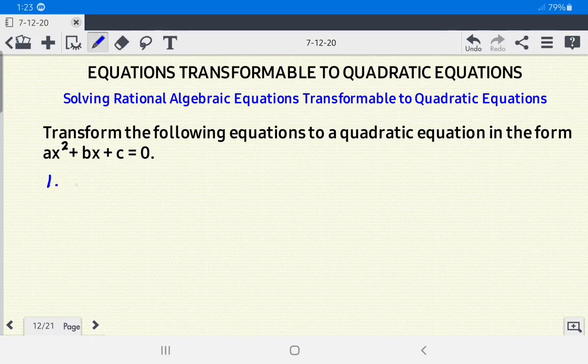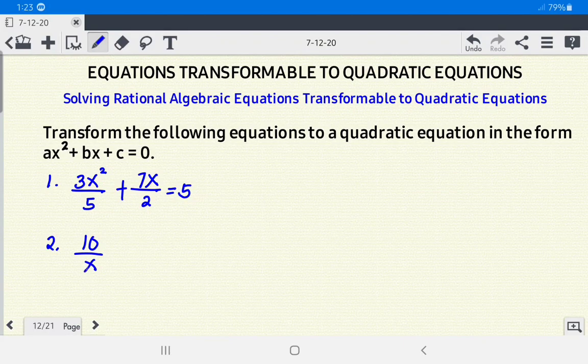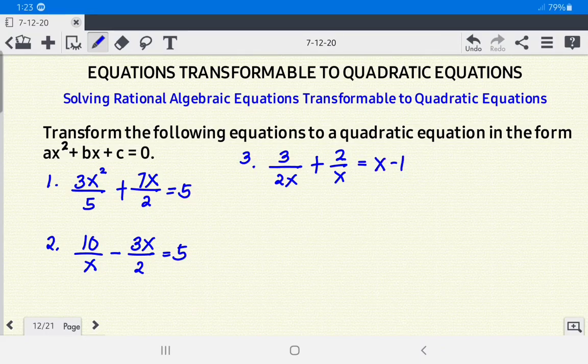Number 1, 3x squared over 5 plus 7x over 2 equals 5. Number 2, 10 over x minus 3x over 2 equals 5. Number 3, 3 over 2x plus 2 over x equals x minus 1.